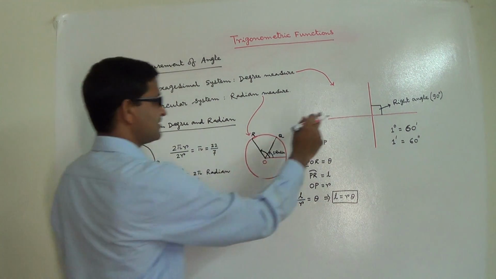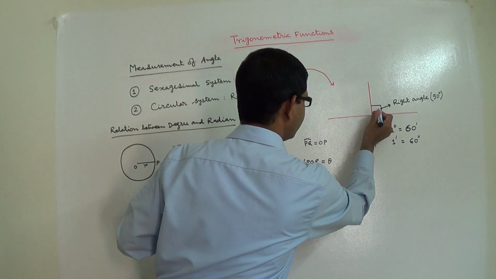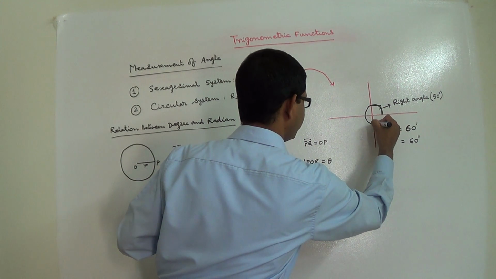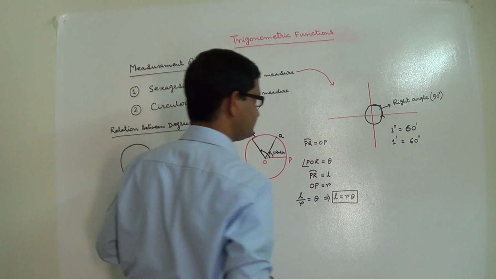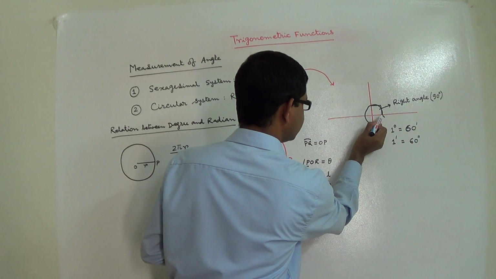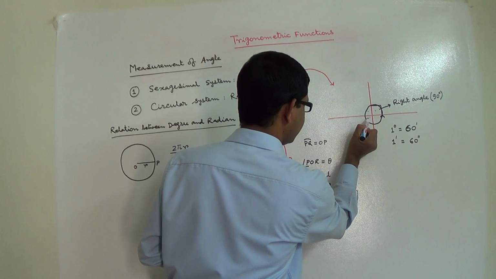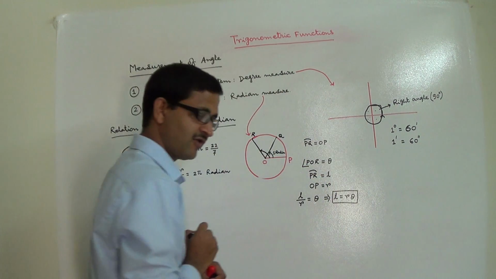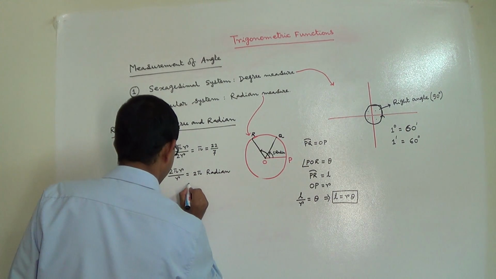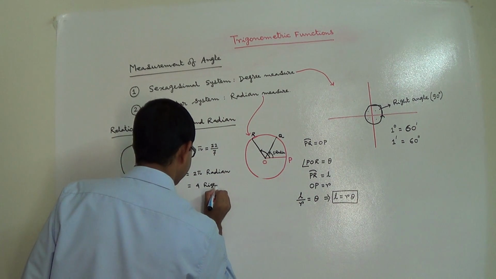Now that is nothing but 4 right angles. So it moved from here to this point and came back to this point. During this one complete rotation, how many right angles have been traversed? 4. This is one right angle, this is one, this is one, and this is the final right angle. So we can say this 2 pi radian is equal to 4 right angles.